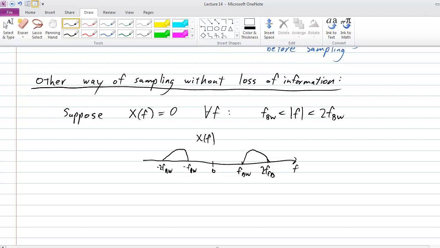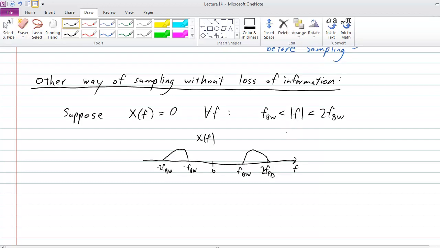Okay, so what frequency should we sample at to preserve the signal? Oh, wait, shouldn't it be... Between 0 and F, I want it to be zero. Oh yes, I see what you're saying. Yeah, you're right, it's the exact opposite.